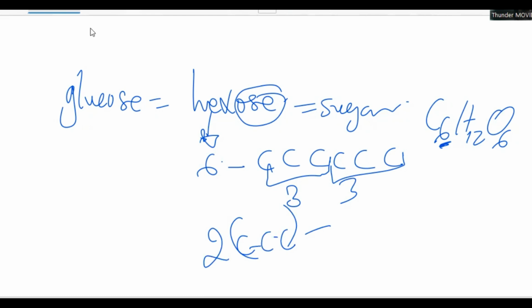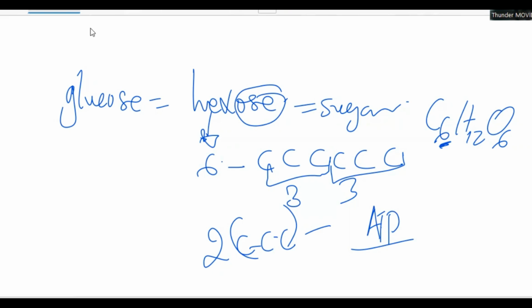During the breakdown of this 6 carbon molecule into 2 independent 3 carbon molecules, a small amount of ATP is released. So this process results in the production of a small amount of ATP.